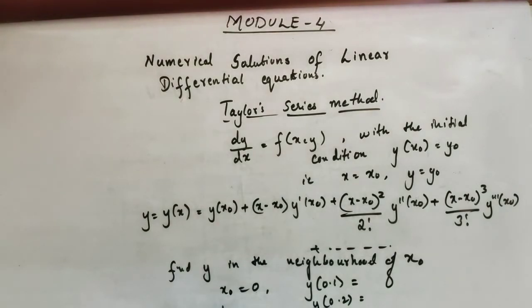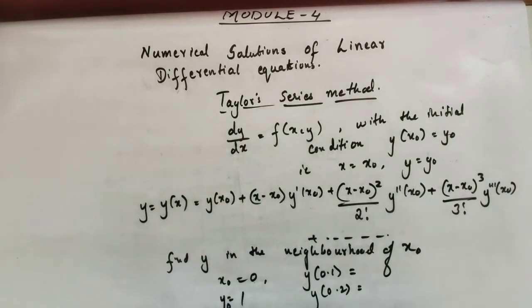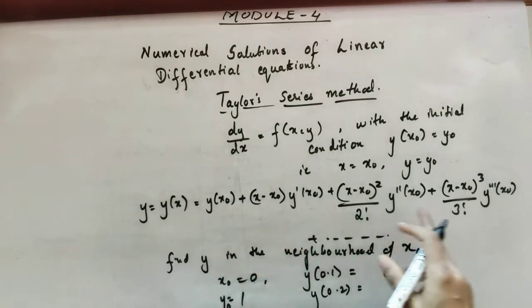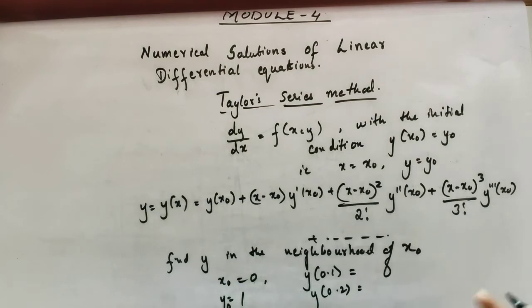Maybe y naught is 1 or something like that; I'm just giving an example. In problems also you will be given the initial conditions and you will be asked to work for the value of y somewhere very close to x naught. Let us see how to work with the problems, and it will be clearer to all of you. You just have to consider the Taylor series according to the question. If sometimes it is not mentioned, you will see it in the problems. It's not a big deal.